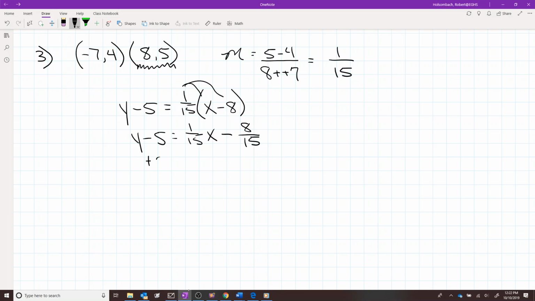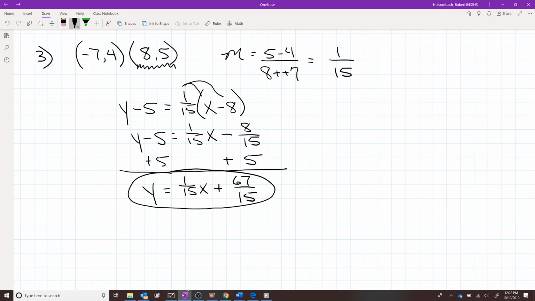If you add 5 to each side, then your y is equal to 1/15 x and -8/15 plus 5 is equal to 67/15. So there's your equation of a line in slope-intercept form that goes through these 2 given points.